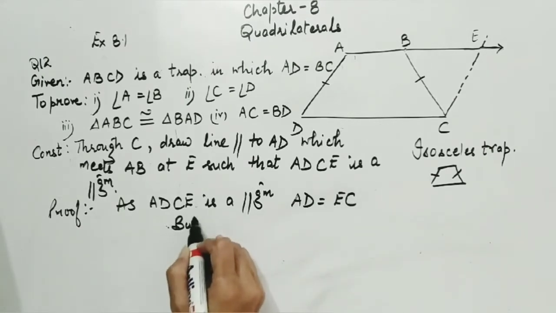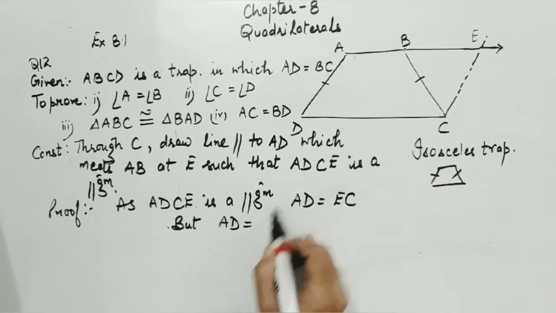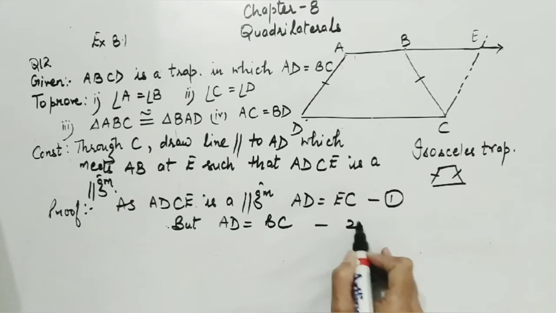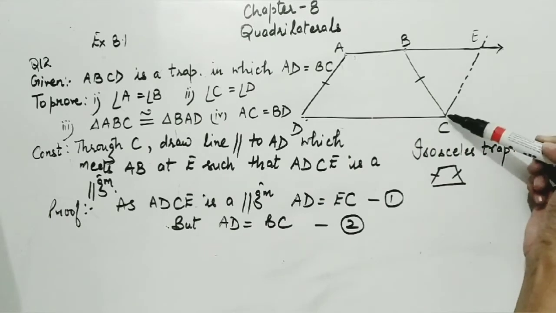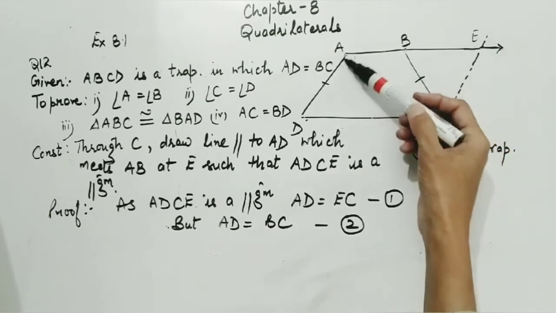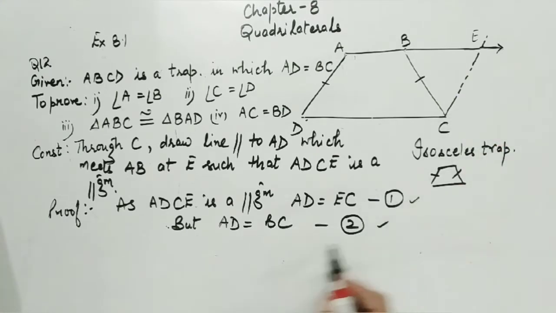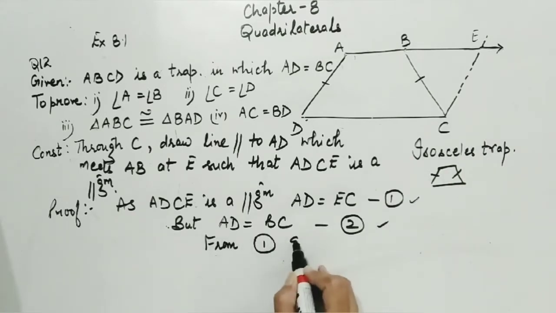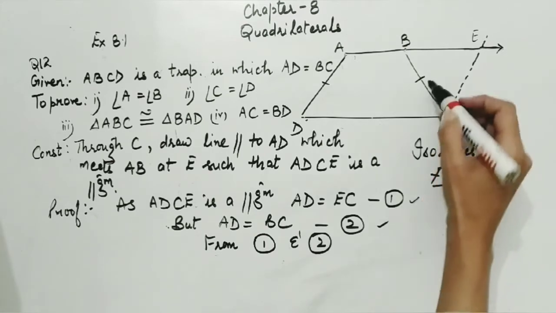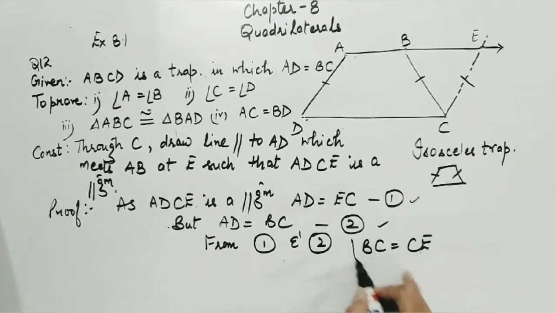But what do we know? We know AD and BC are equal. Equation 1 and equation 2 give us a clear idea. AD is equal to CE, this is by construction. AD is equal to BC, this is given. So from 1 and 2, we conclude that BC and EC are equal.